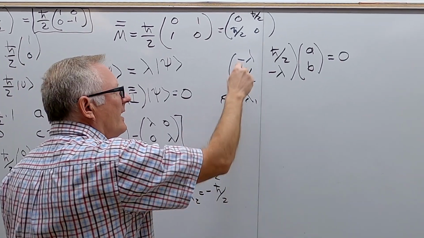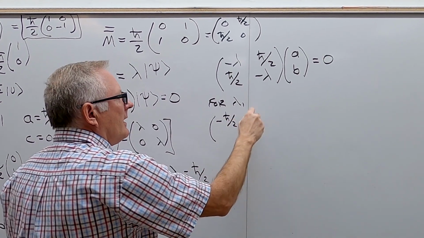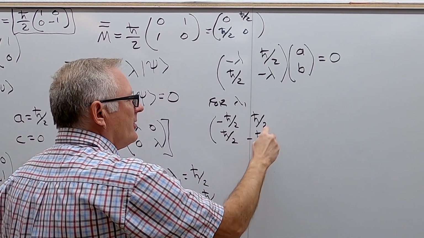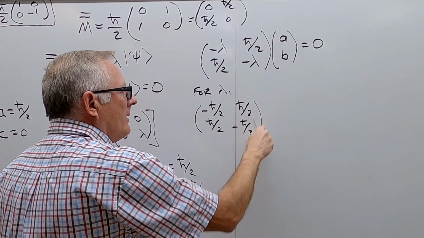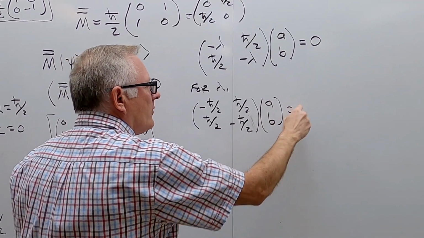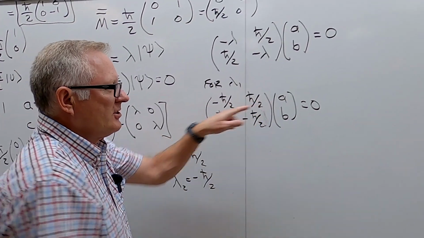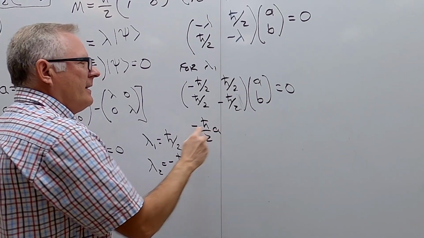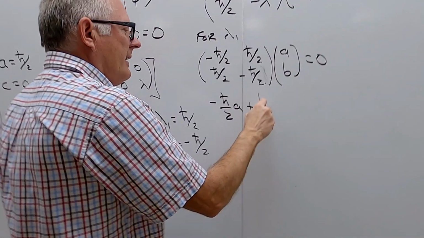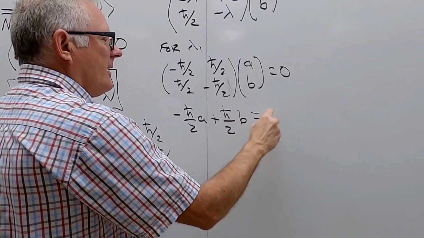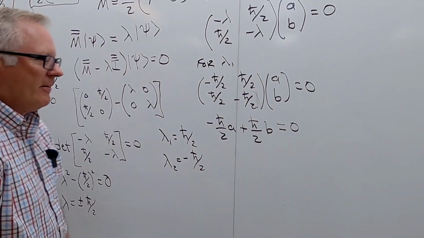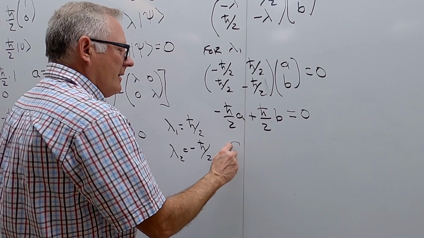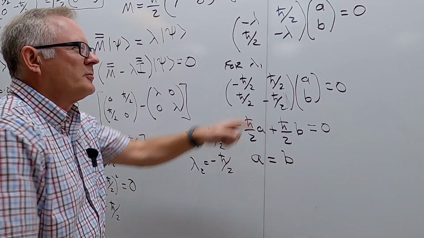So that means we've got minus h bar over 2, h bar over 2, h bar over 2, minus h bar over 2, times A, B, equals 0. So if these are just two equations, this tells me I get minus h bar over 2 a plus h bar over 2 b is equal to 0. The other one's going to give me the same right there. What does this say? This says that a must equal b.